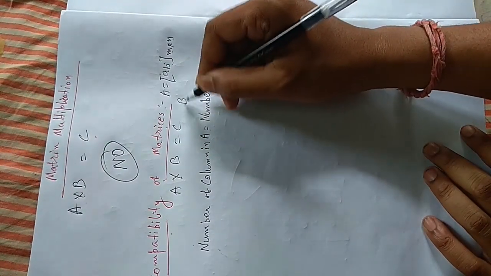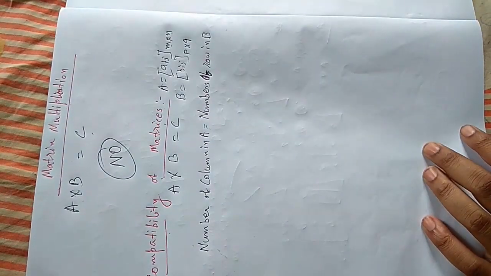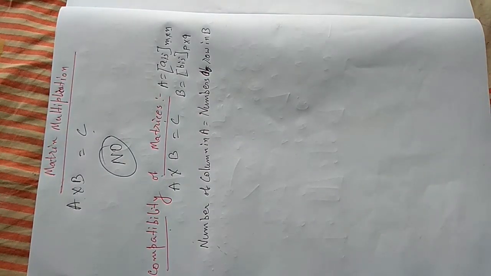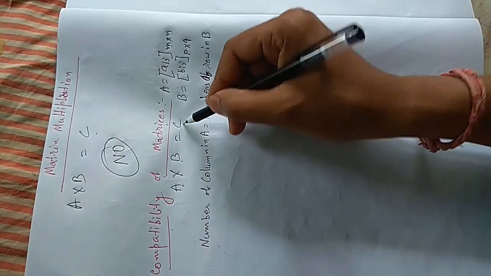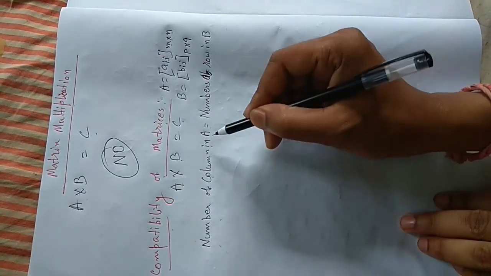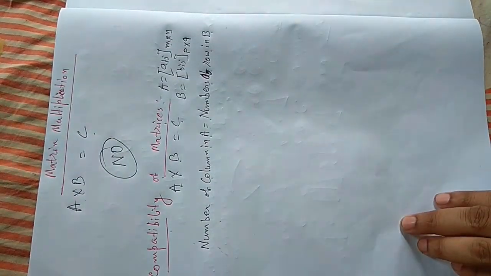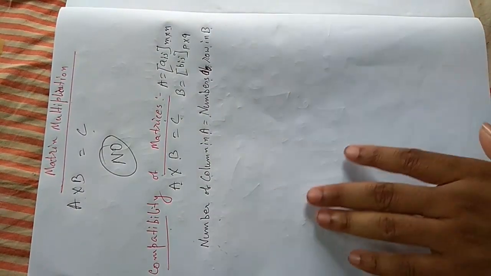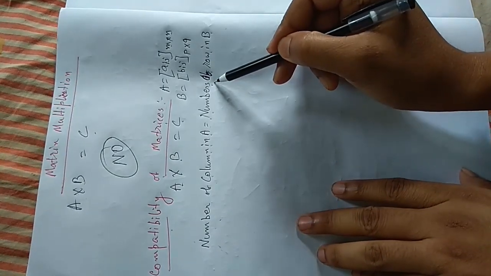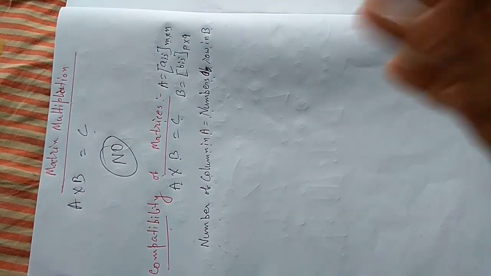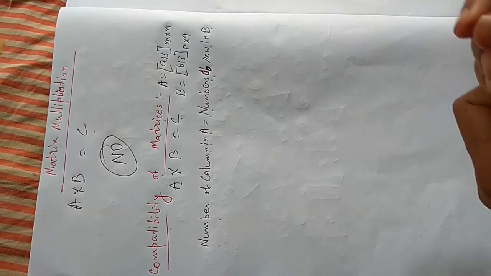And the second matrix we take is B, written in Bij format, with order P by Q. That means the number of rows is P and the number of columns is Q. A and B multiplication is possible, and we get the resultant matrix C, if the number of columns in A equals the number of rows in B. That means the first matrix's number of columns equals the second matrix's number of rows. If this condition is satisfied, we have permission to multiply two matrices.